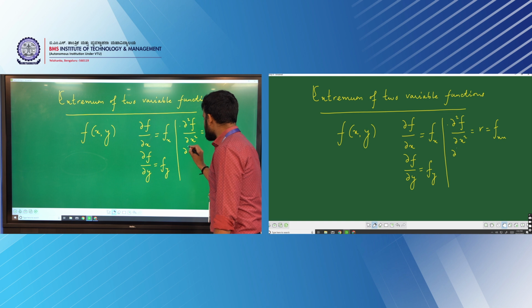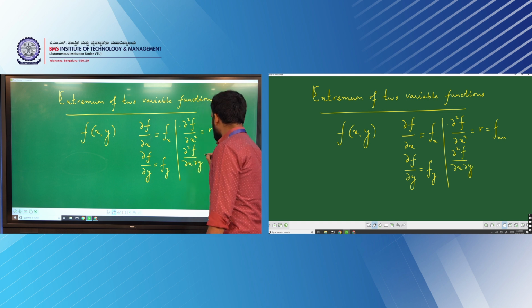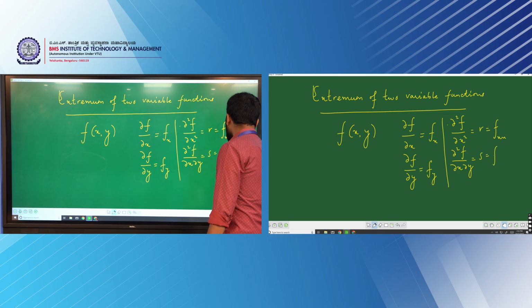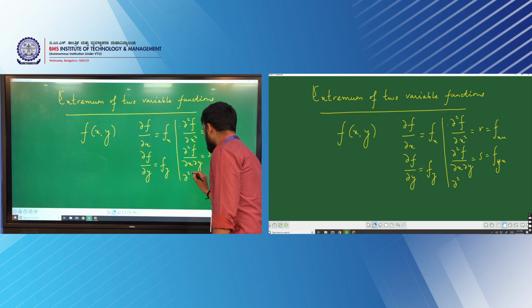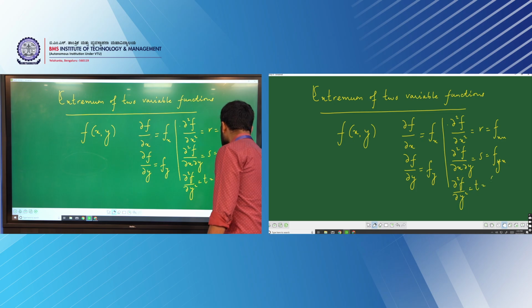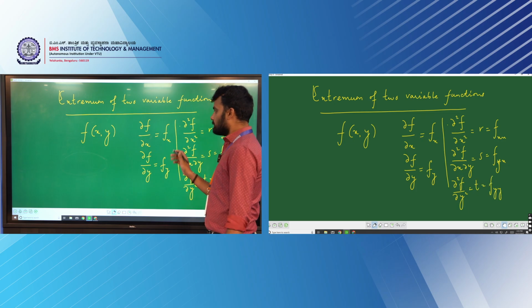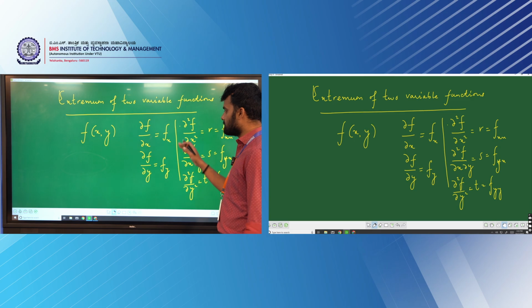Next, the mixed partial derivative dou square f by dou x dou y, we will call s. In shorthand notation, it is fxy or fyx, based on the variable we consider first. The last one is dou square f by dou y square, the derivative with respect to y two times. We'll call it t, otherwise fyy.